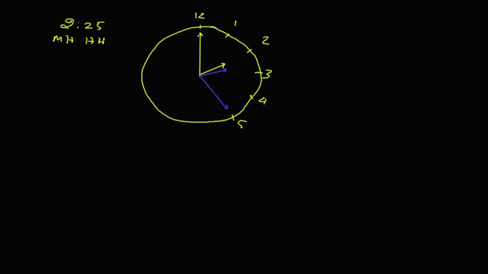What you can do is find out how many degrees the minute hand has moved. The minute hand has moved 5 into 30 degrees, because this one part is 30 degrees, so it has moved 5 parts, so 150 degrees. At the same time, since the speed of the minute hand and hour hand is 12:1, if the minute hand moves 12, the hour hand will move one part.